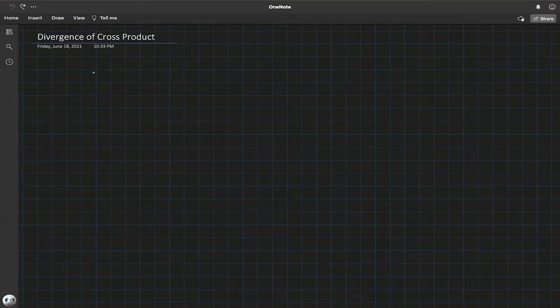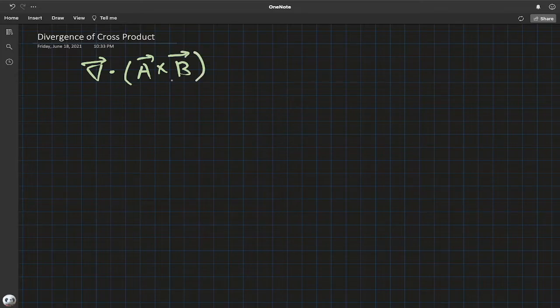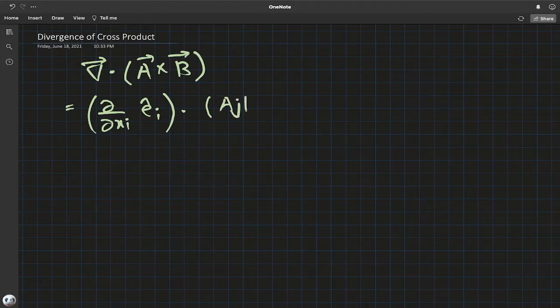Okay, so now what if we have the divergence of two vector fields crossed with each other, A cross B? Subscript summation convention, dotted with, I can expand this cross product directly, aj bk epsilon jkl el hat.